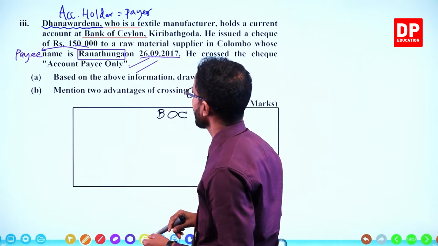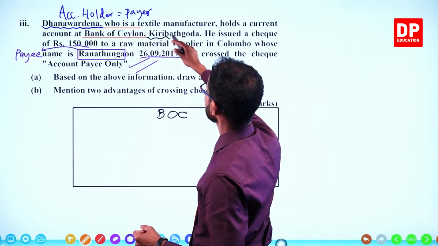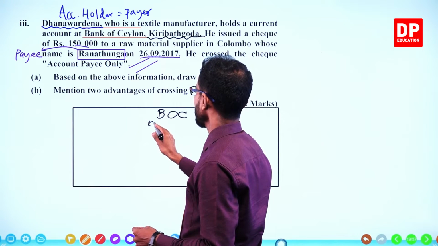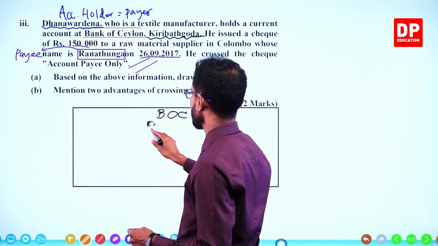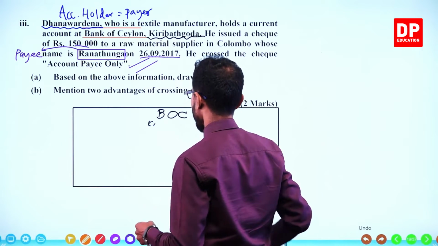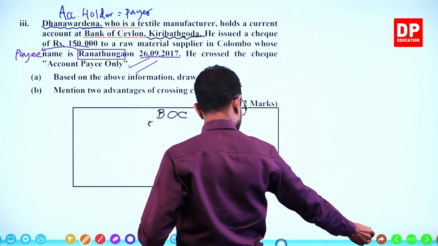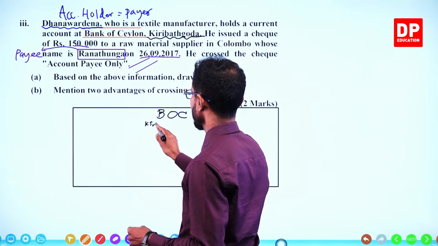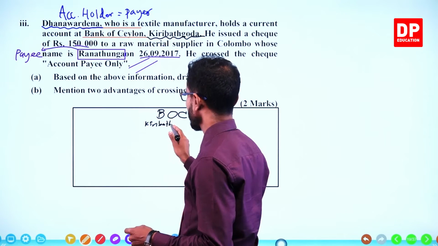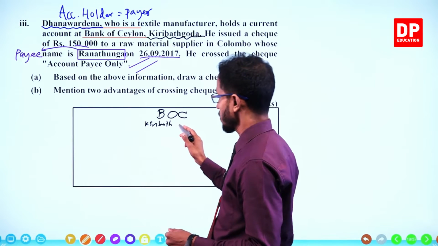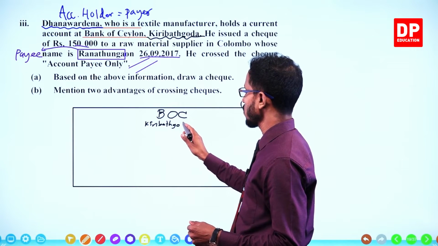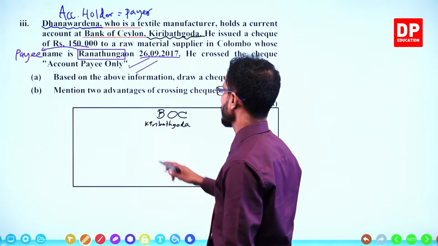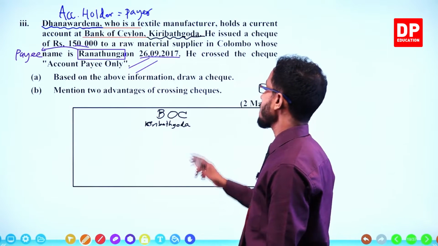And the branch name, Kiribati Goda, should be under the bank name.